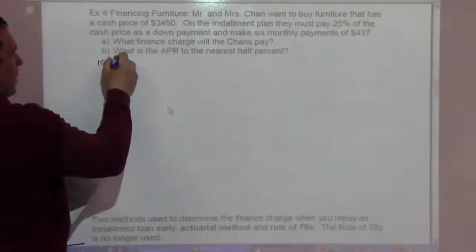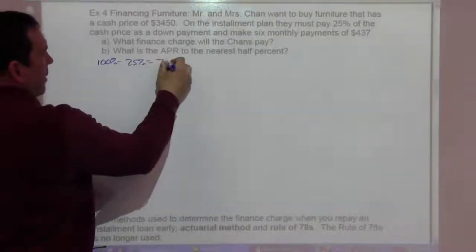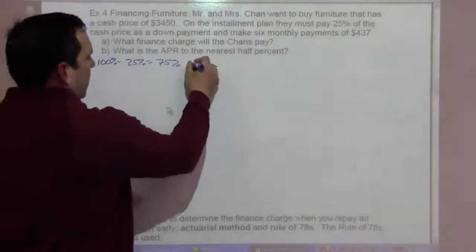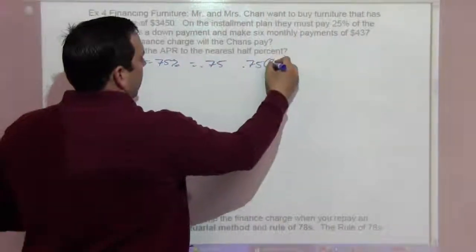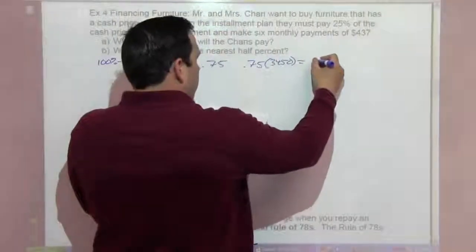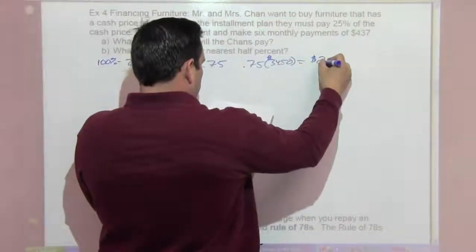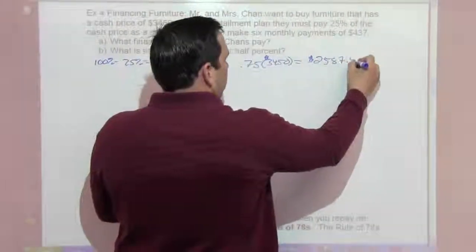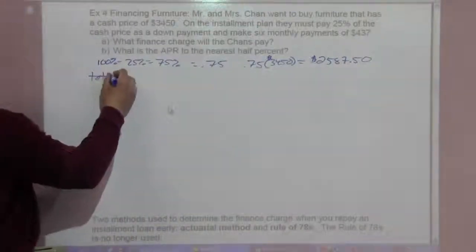Well, 100% minus 25% down means they're financing 75%, and that'd be 0.75. So 0.75 times 3450 is going to be $2,587.50.